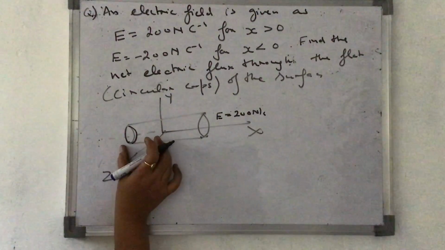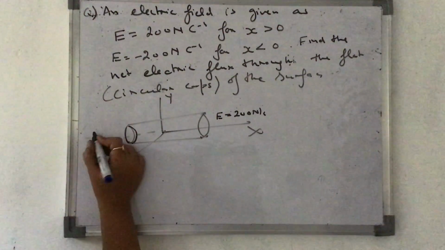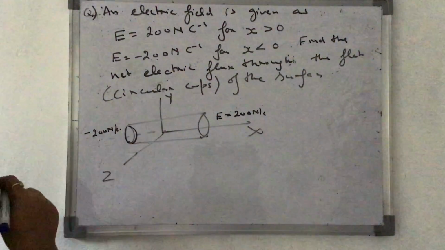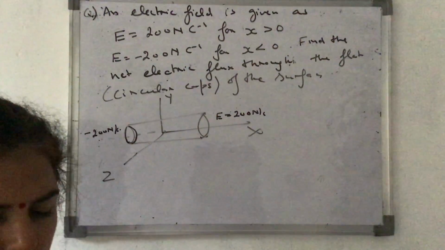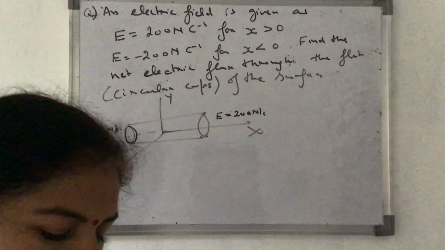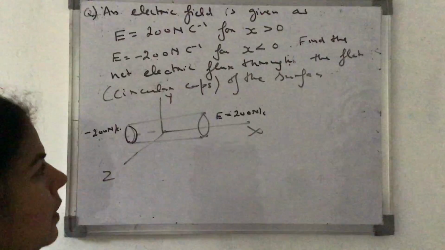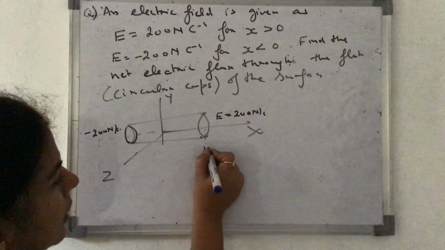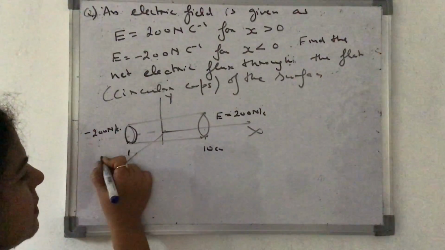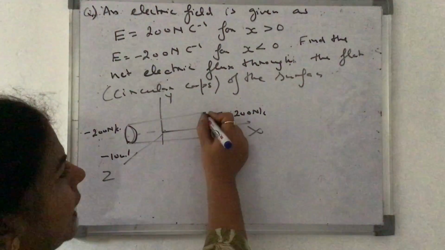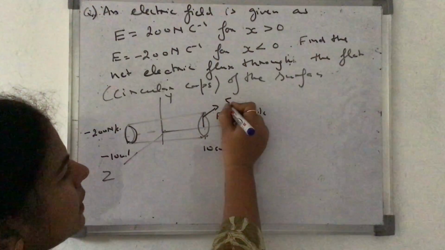In case I'm going towards the negative side where x is less than 0, then it is equal to minus 200 Newton per coulomb. You have to find out the net outward flux. The diagram shows 10 centimeter, minus 10 centimeter, and the radius of this is given as 5 centimeter.